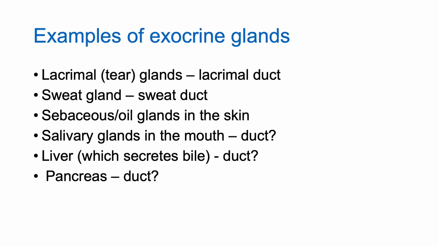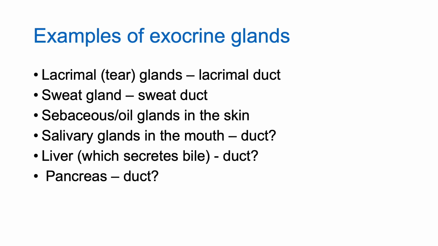What are some of the examples of exocrine glands? We could have the lacrimal or tear gland. You have cried one way or the other before, so you were exercising your lacrimal glands. Sweat glands, when you are under pressure, you want to write a quiz or do some exercise, you sweat. Okay, then sebaceous or oil glands, salivary glands, when there's food in the mouth, you secrete saliva.